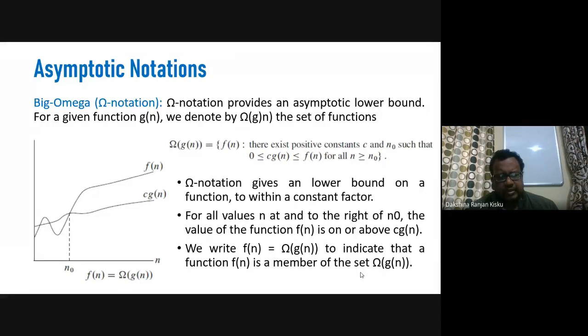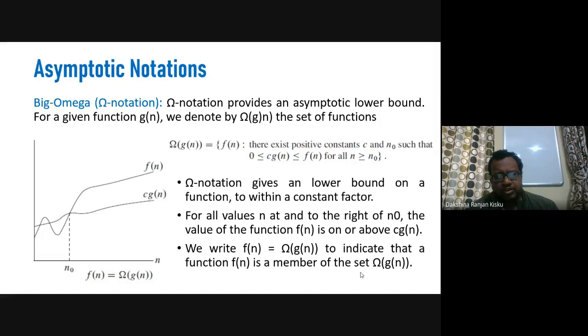Now, if we see the graph on the left hand side, here f(n) is a function determined from an algorithm, which gives the order of growth of the running time of the algorithm.